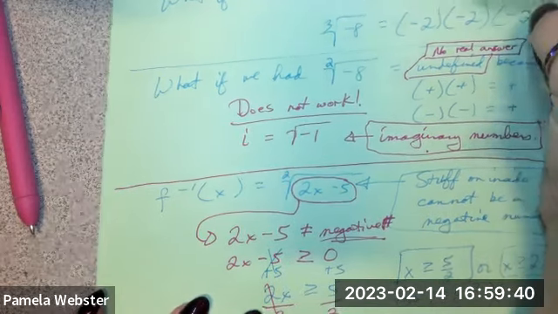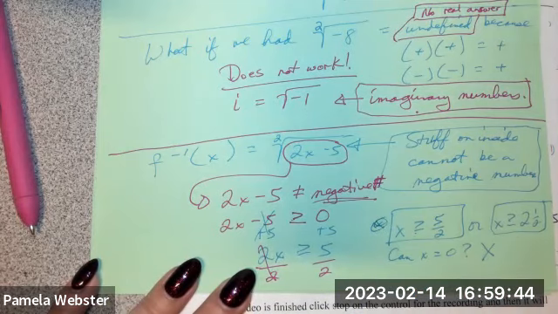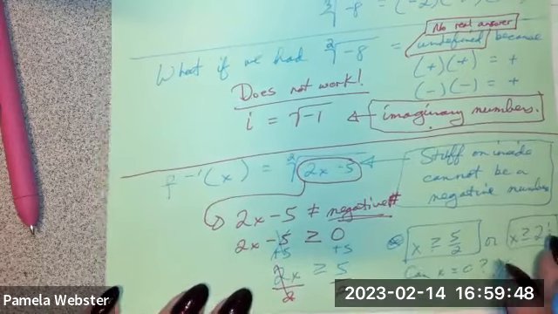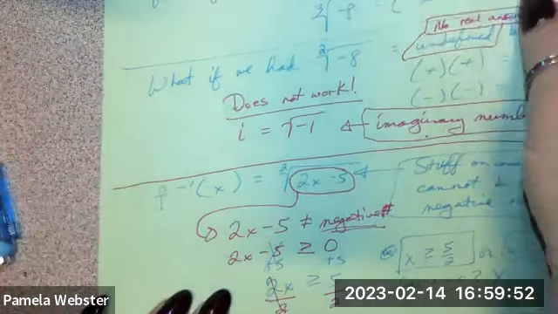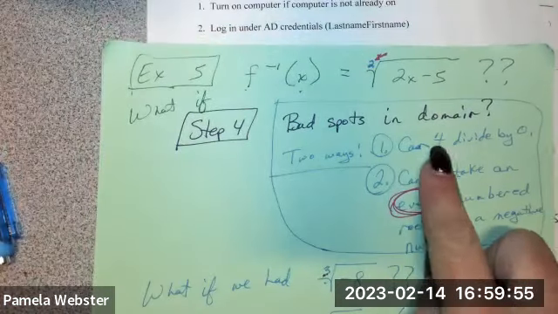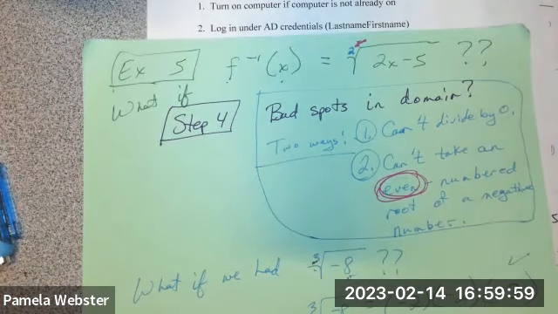So the way you'll write this for your domain piece is just like this. x needs to be greater than or equal to 5/2. So those are the ones you got to worry about. You can't divide by 0, and you can't take an even numbered root of a negative number.